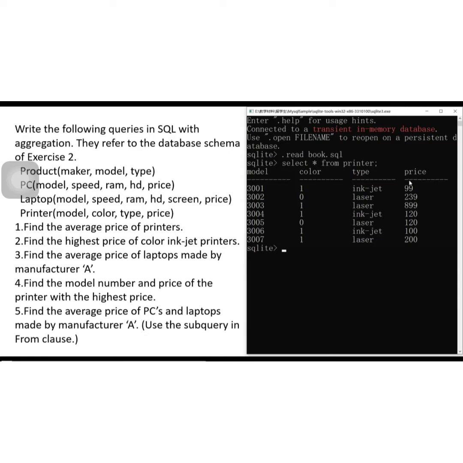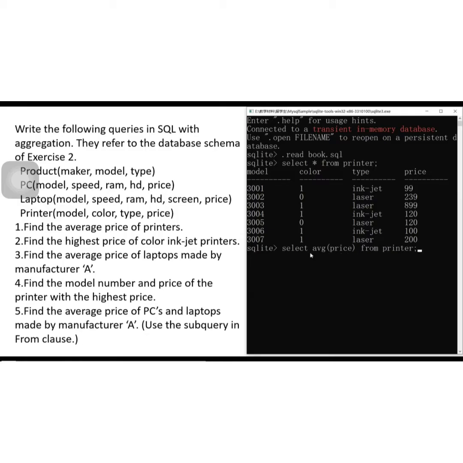We'll compute the average for this column. So we can use the aggregation operator AVG. Okay, now select AVG price from printer.